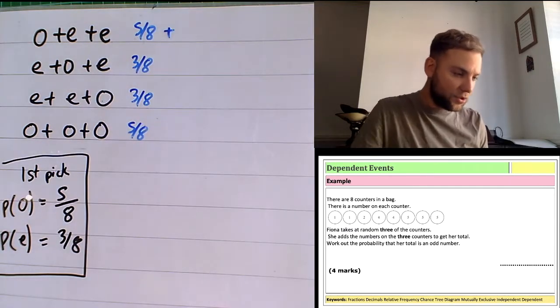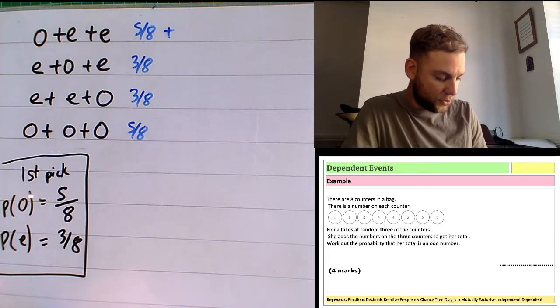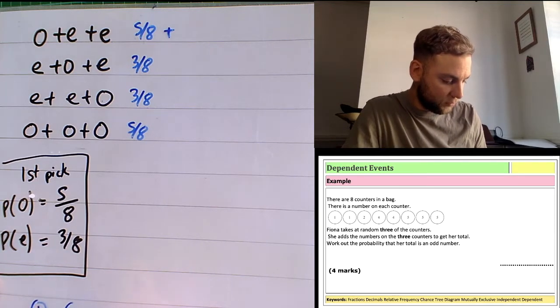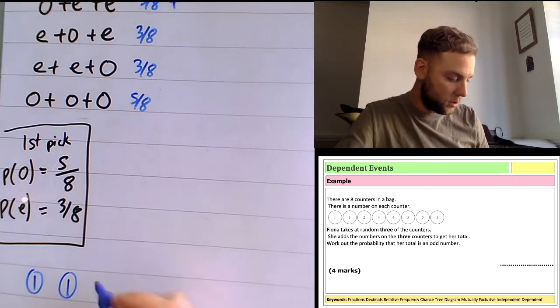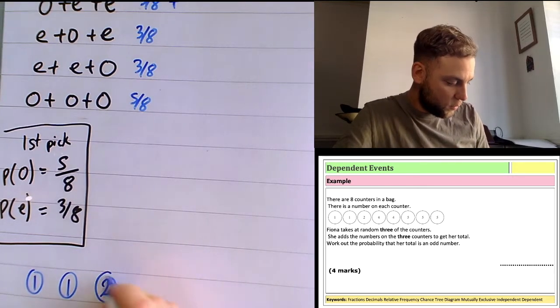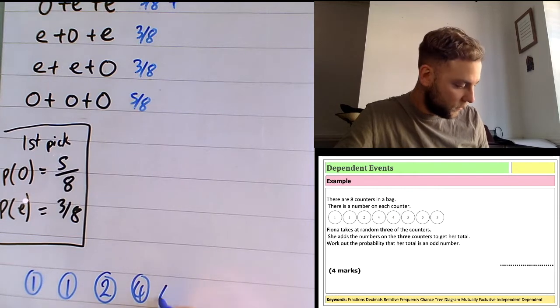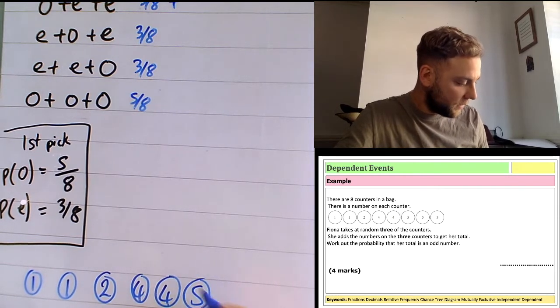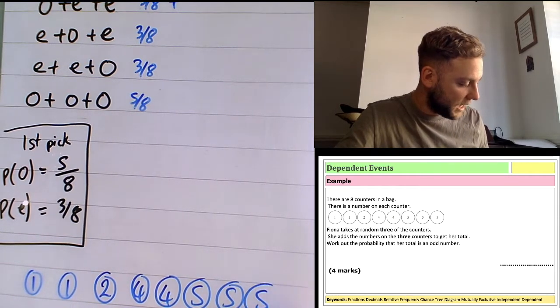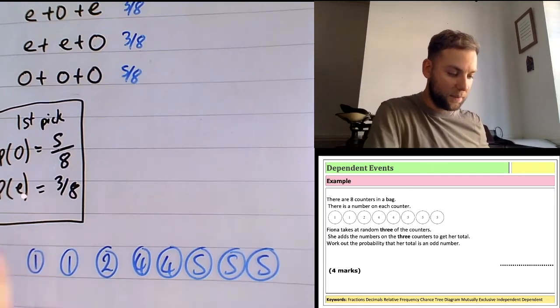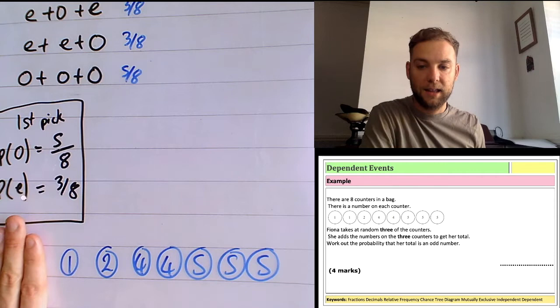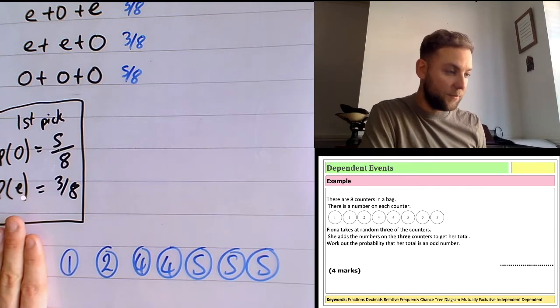Okay, so let's just think about this. Let's write these numbers down. Let me move up a little bit so you can see. So I've got 1, 2, 4, 4, 5, 5, and 5. If I picked an odd number, what's the probability of me picking an even number?